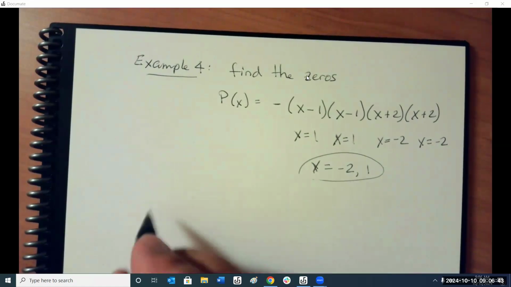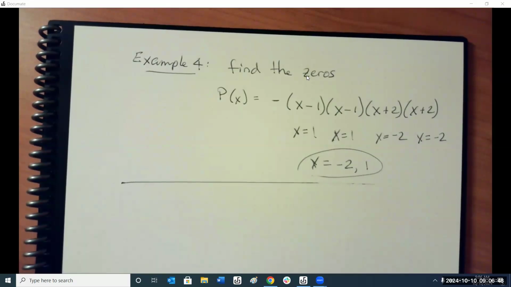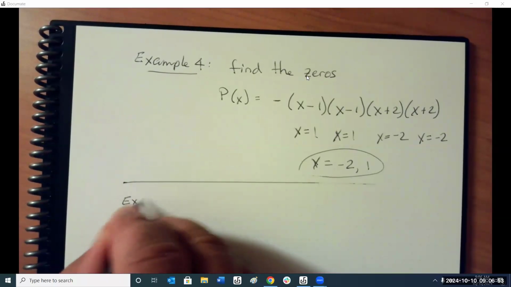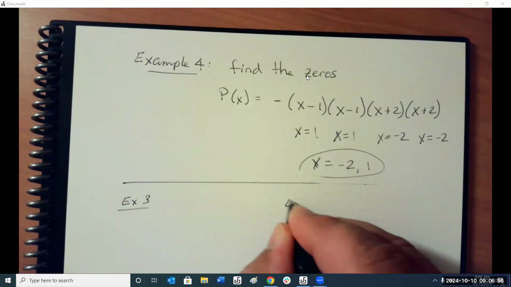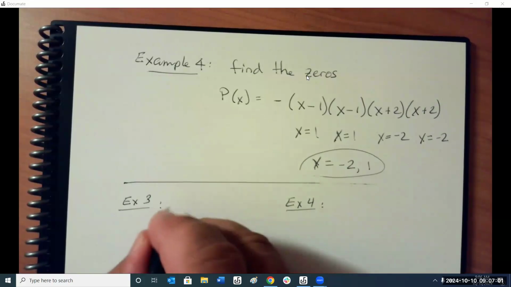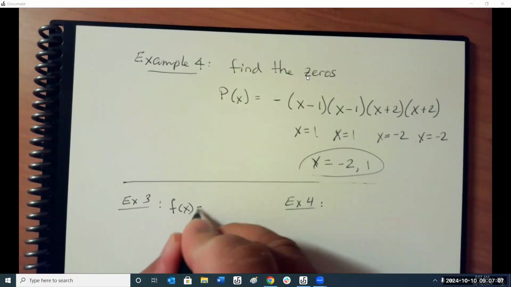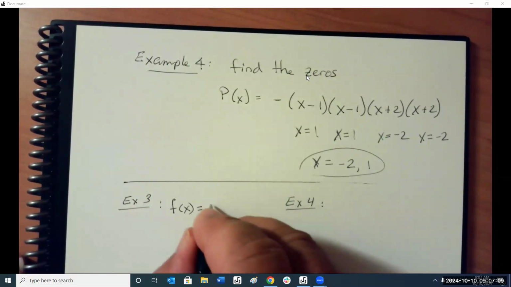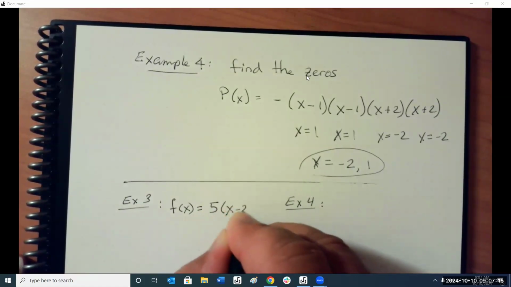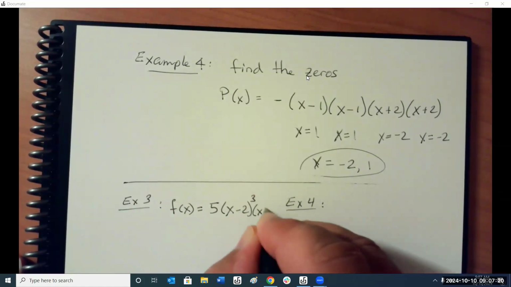Let's look at both of those equations, because it's easy to graph these. Well, easier. The first example is from example 3, and this one's from example 4. Remember, once we simplified it, we had (x minus 2) cubed, (x plus 1).